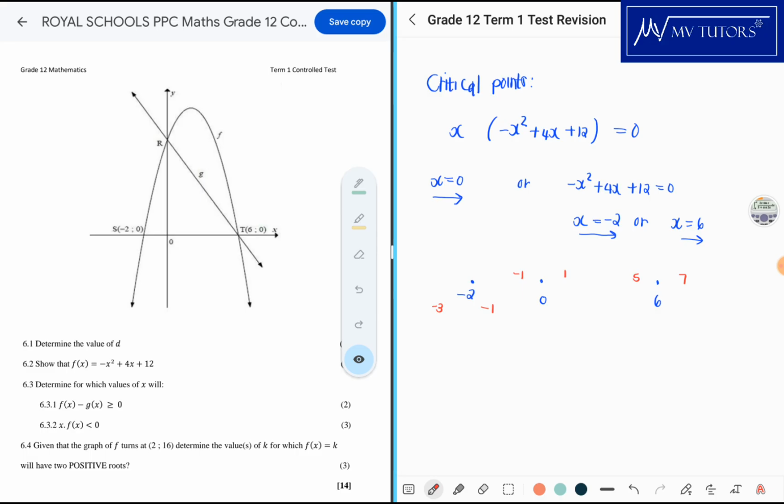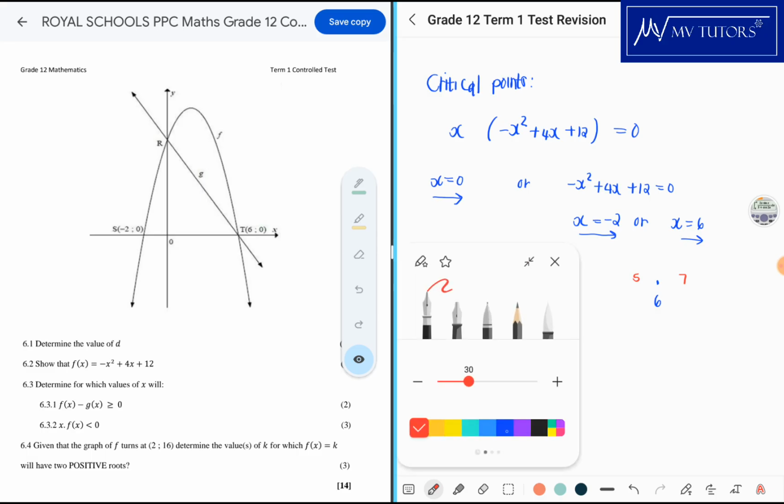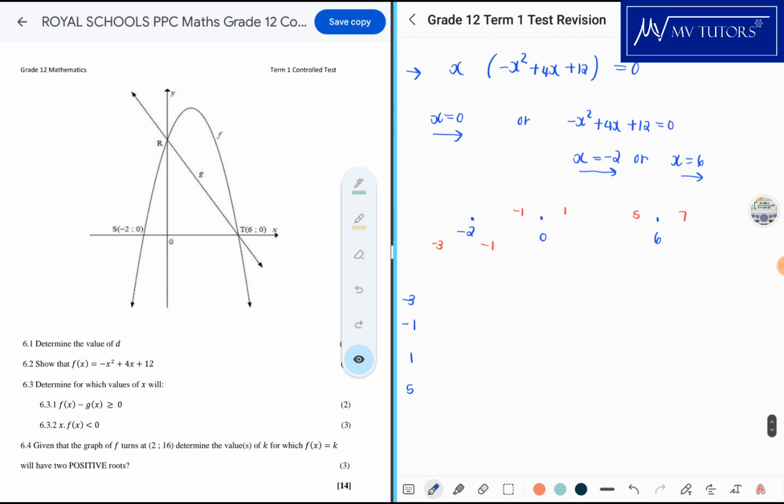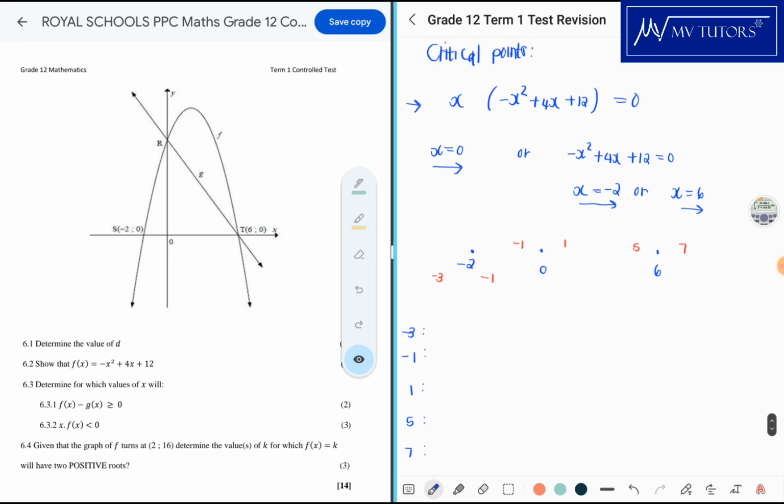Then we're going to substitute it. I know this is long, bear with me here. Then we're going to substitute these values into this equation, x times f of x. For example, we're going to start with -3, then -1, then 1, 5, and then 7. So with -3, I'm going to have -3 multiplied by negative -3 squared plus 4 times -3 plus 12.